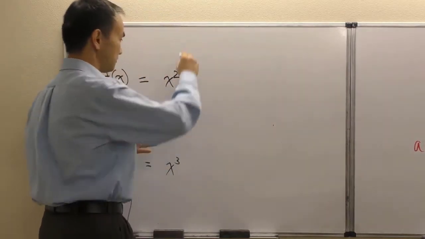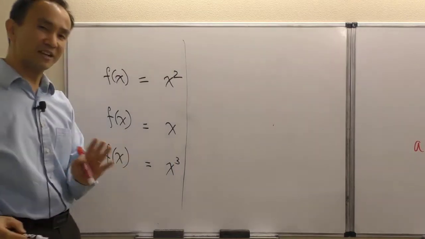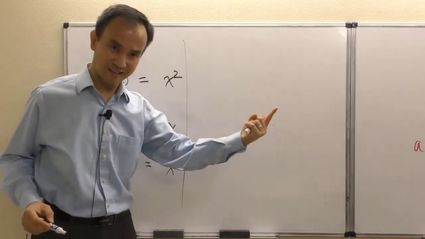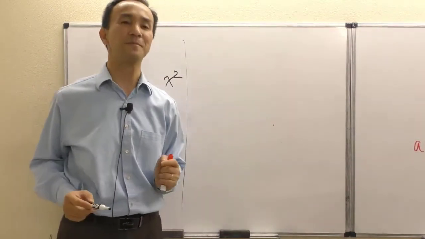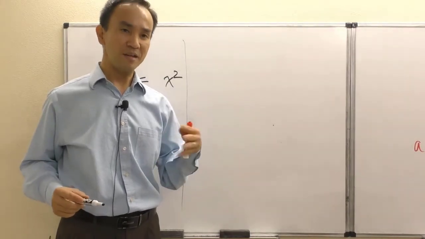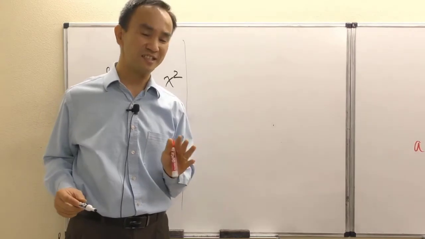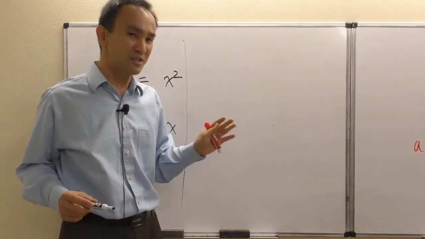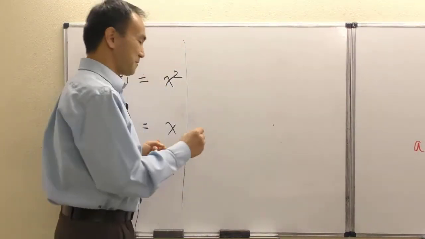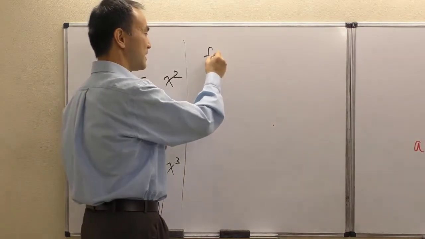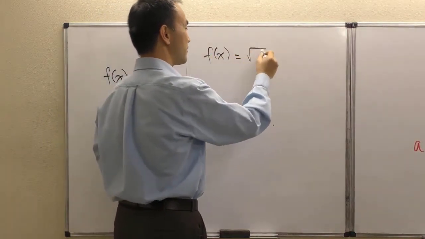And so sooner or later, when you arrive at the higher course, particularly calculus 1 right after this course, or maybe the two courses after this one, you're going to start seeing these other members of the power functions. Now, you have seen f of x equals square root of x.